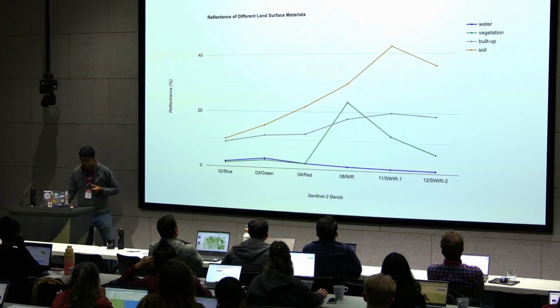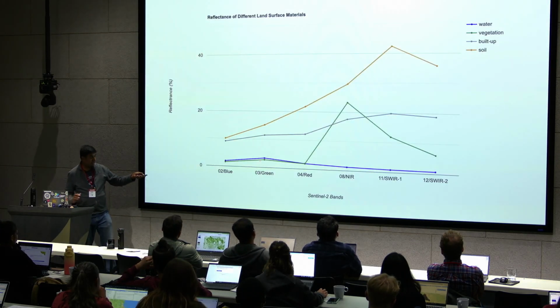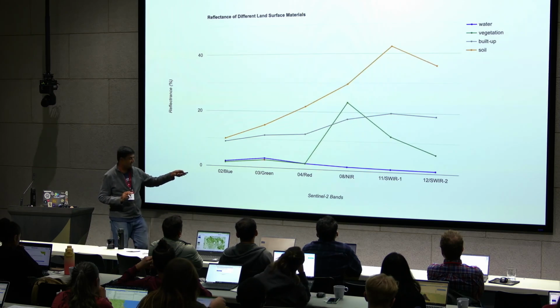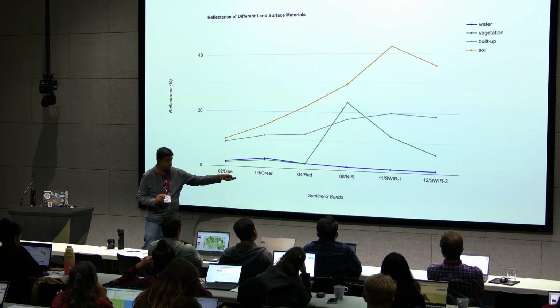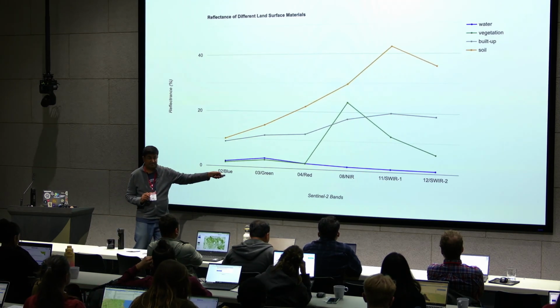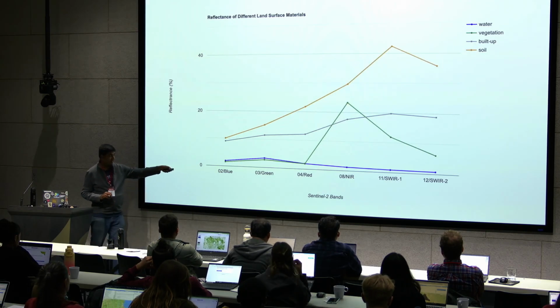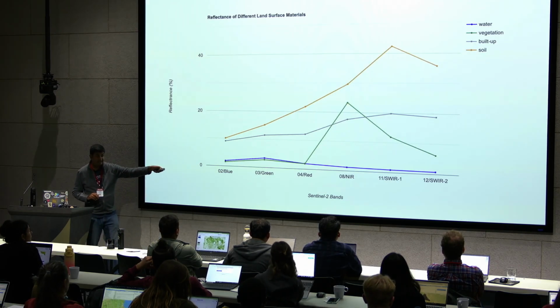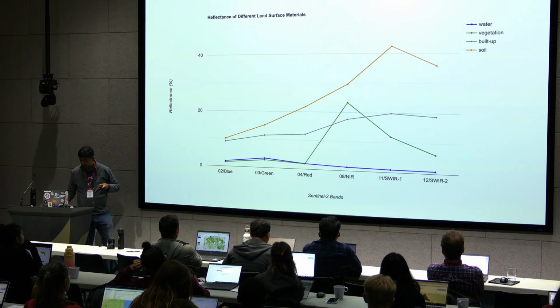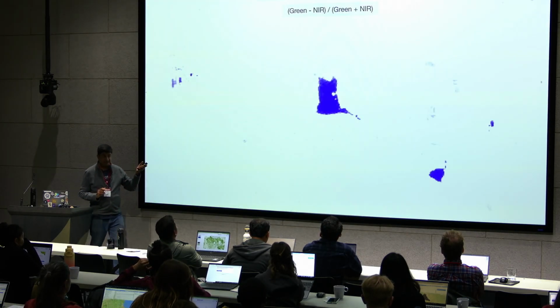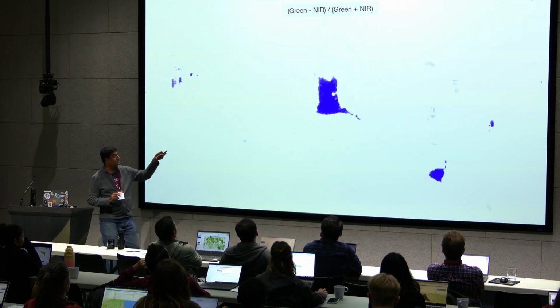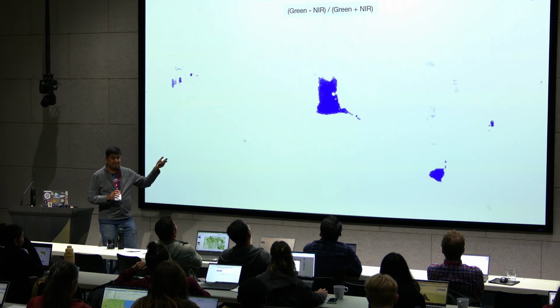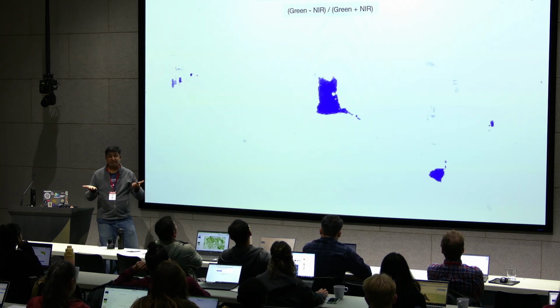Similarly, if you go for water, you can see the water has high reflectance in the green band, and lower reflectance in all the infrared bands. So you can design an index, which is the ratio of the green and NIR bands, to detect water. That is an index called NDWI, Normalized Difference Water Index. And if you do this, suddenly you will see all pixels which are water have very high values.